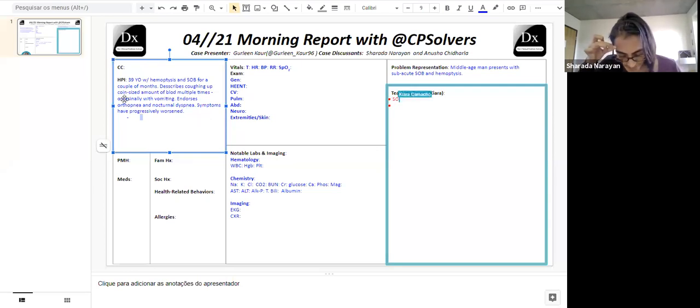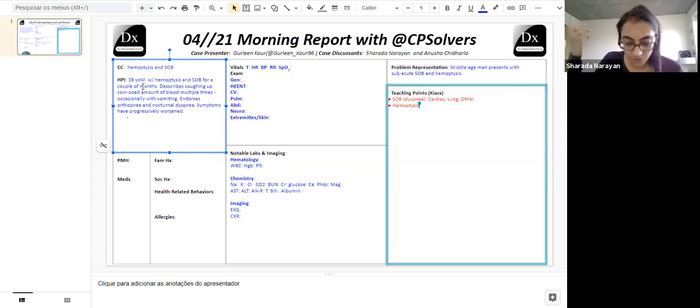And the hemoptysis, coughing up blood, sounds really important to me. It makes me think about something possibly primary in the lung. That could be something like a malignancy, depending on what exposures this person might have, or something like vasculitis, like Goodpasture's.